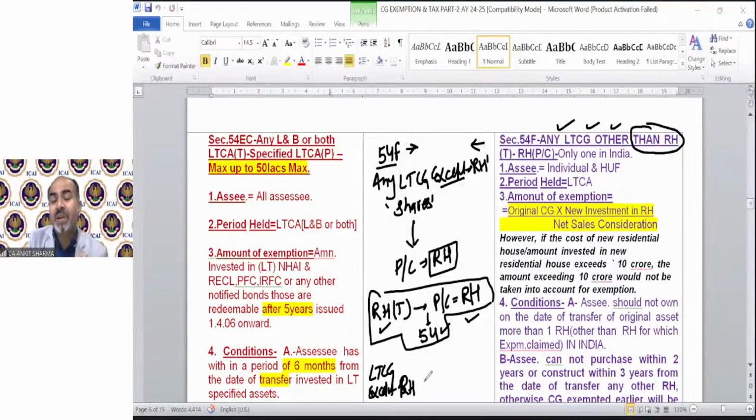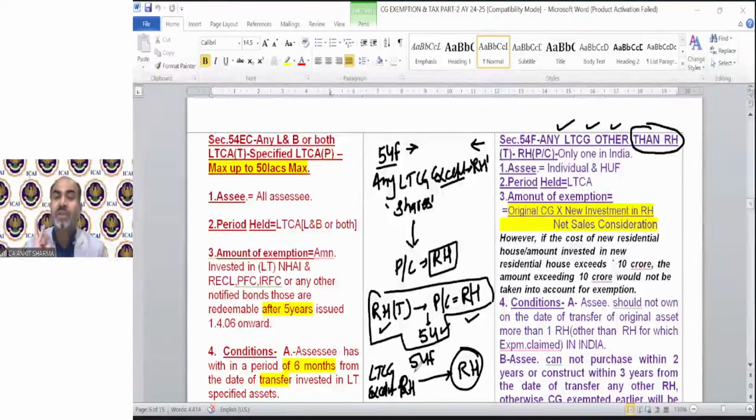Why except residential house? Because we have to purchase or construct a residential house under section 54F also. If the residential house were also included for the purpose of transfer, then section 54 would apply and 54F cannot be applied. So section 54F specifically excludes any residential house for the purpose of transfer.